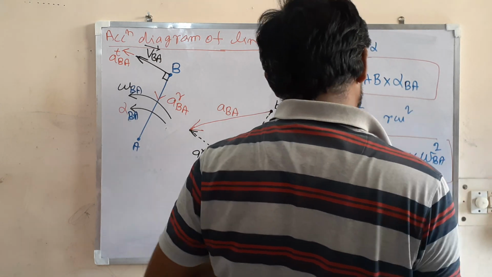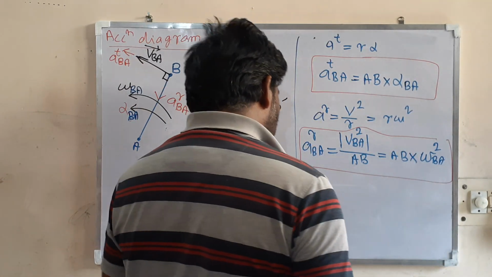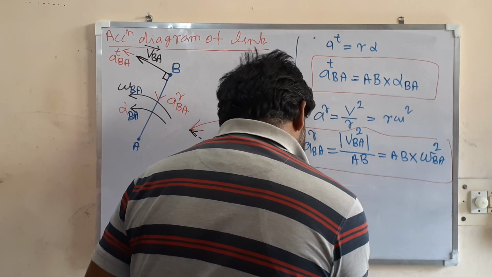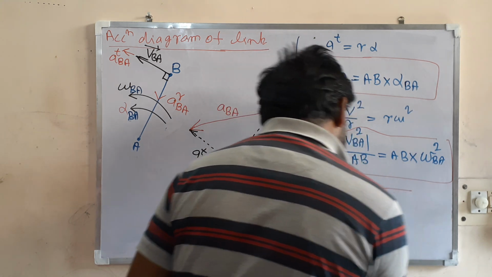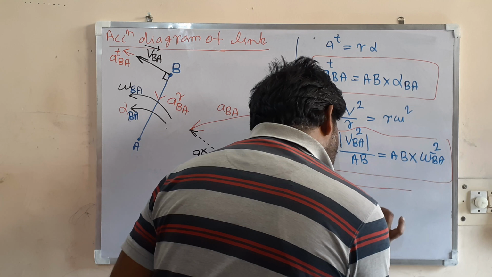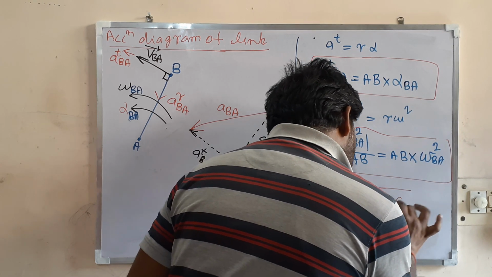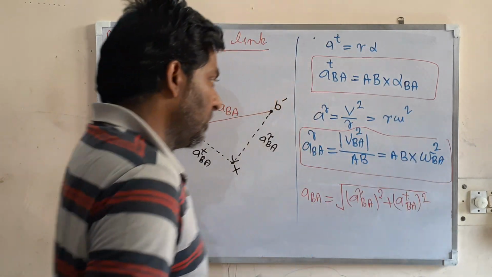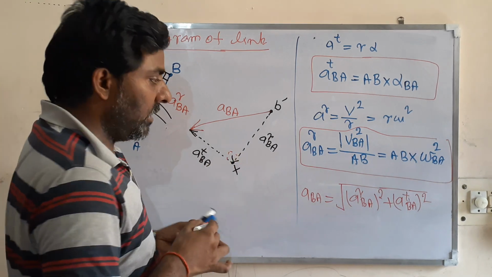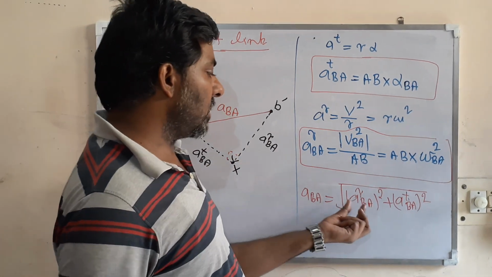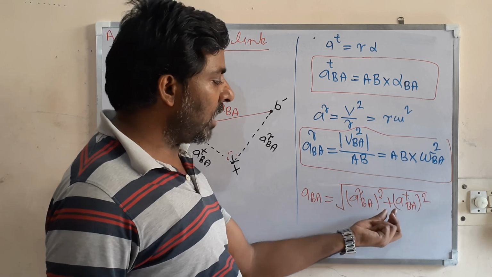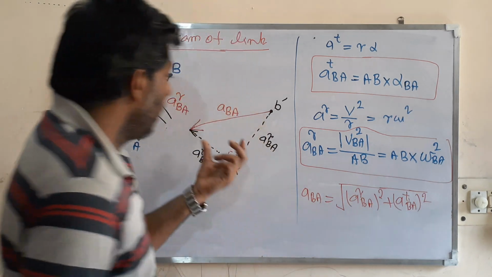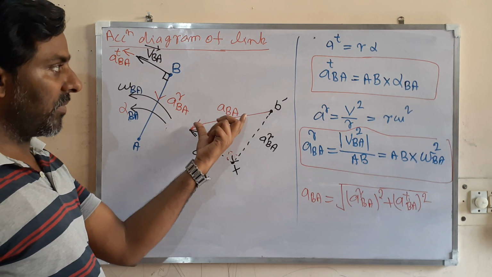for the radial acceleration of the link, and the total acceleration can be calculated from this formula, because both are at 90 degrees. So the square root of AR of B with respect to A squared plus AT of B with respect to A squared will be the resultant acceleration, and its direction and magnitude you can get from here.